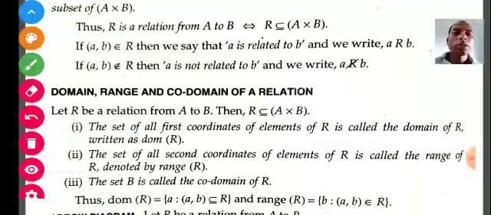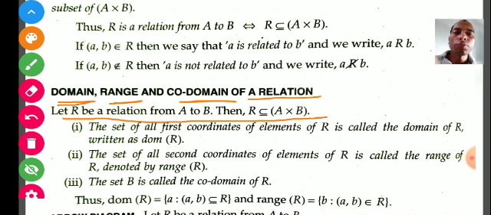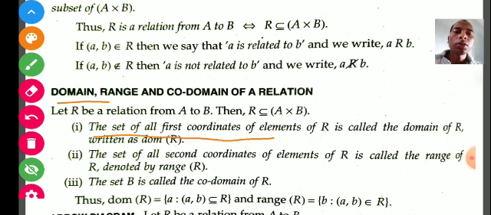Next we will see what is domain, range, and codomain of a relation. Let R be a relation from A to B, then R is a subset of A cross B. What is the domain? The set of all first coordinates of elements of R is called the domain of R, written as DOM(R).